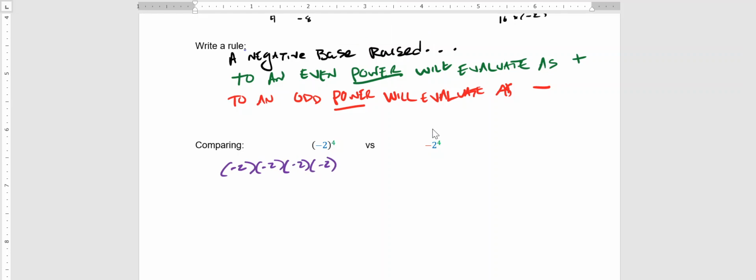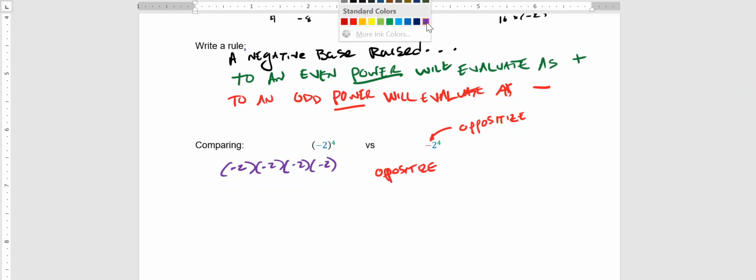Versus over here, we have to be really mindful of that sign. Remember, that's an oppositizer. And that says to oppositize, in this case, the value of +2 to the 4th power.